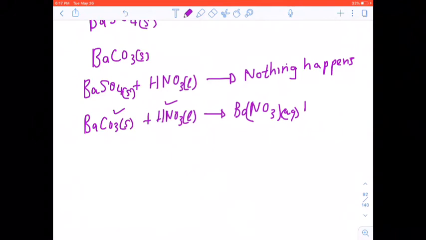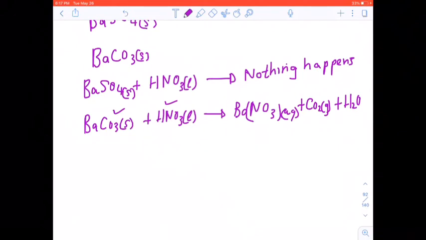So we say plus carbon dioxide, and carbon dioxide is a gas, plus H2O.